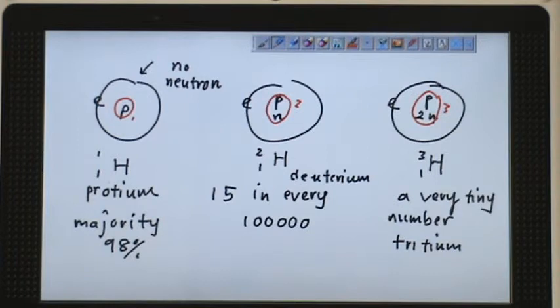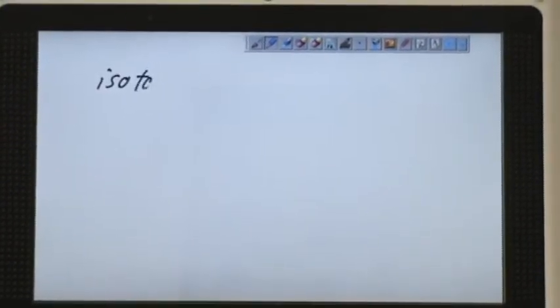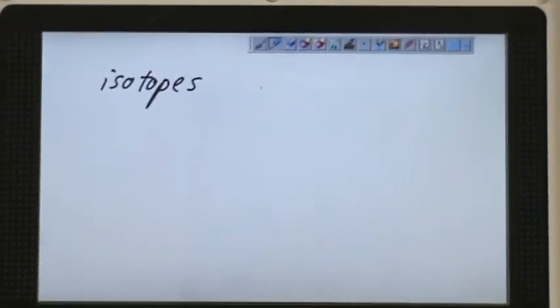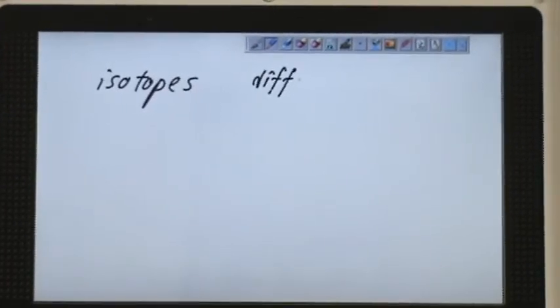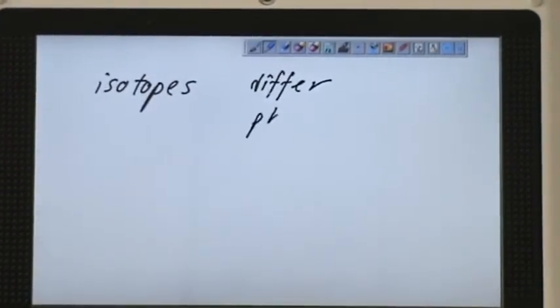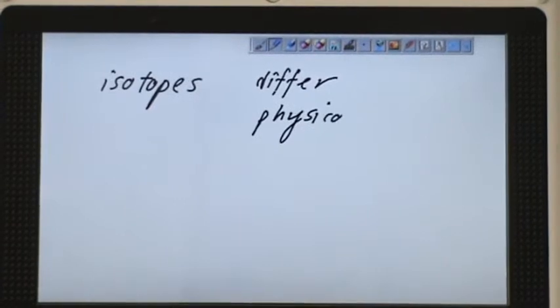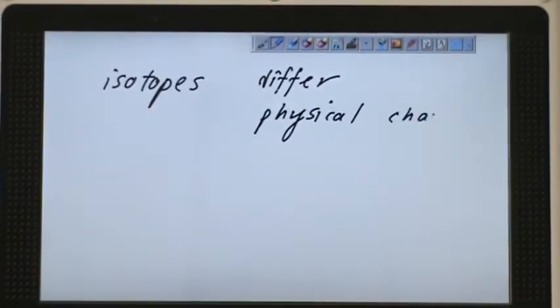So they differ from each other in terms of their physical characteristics. Isotopes differ in terms of their physical characteristics. Let's imagine three persons.